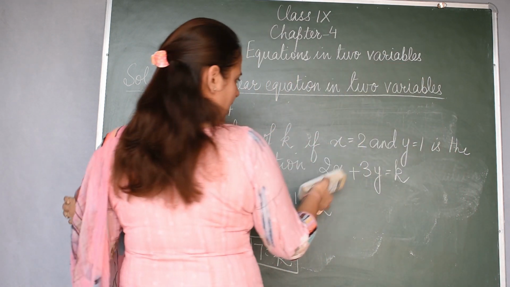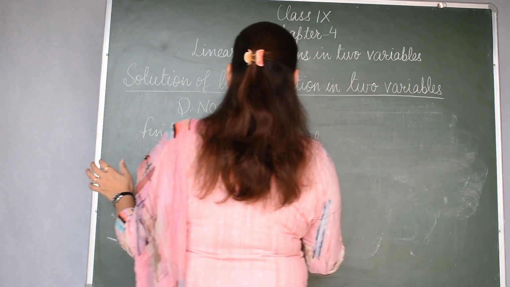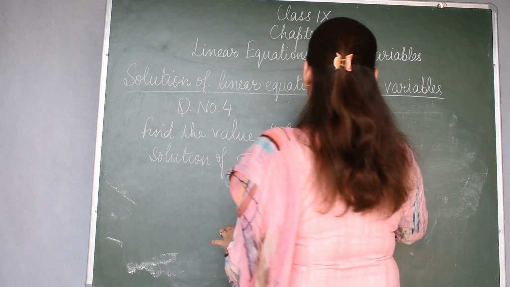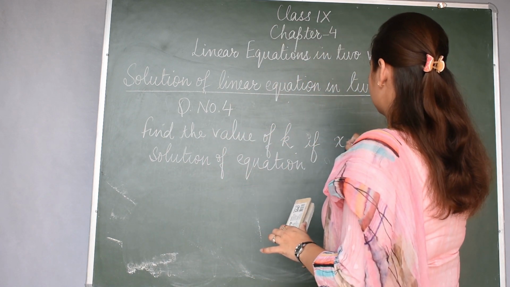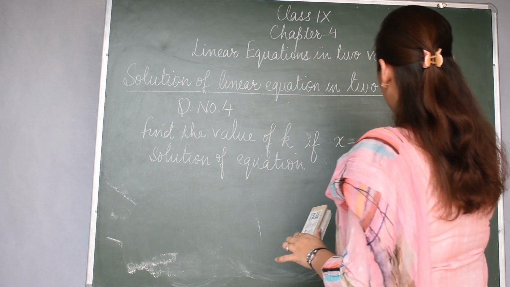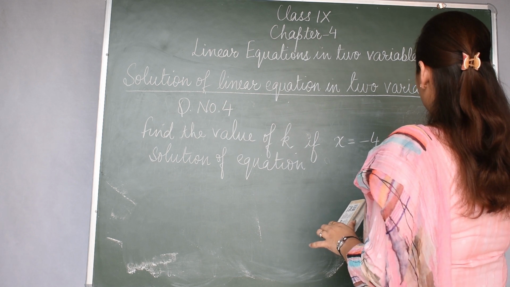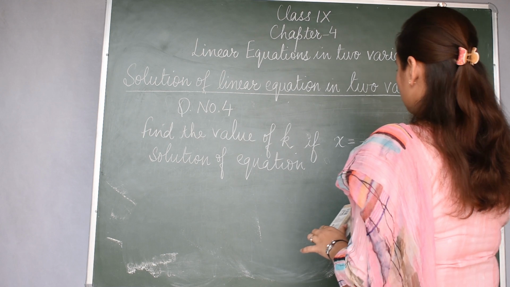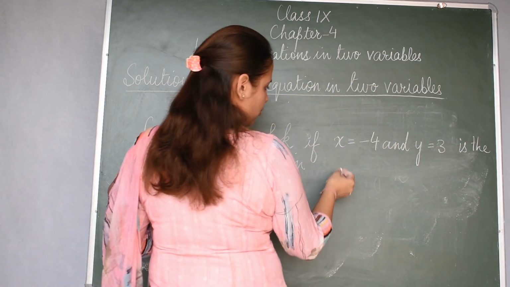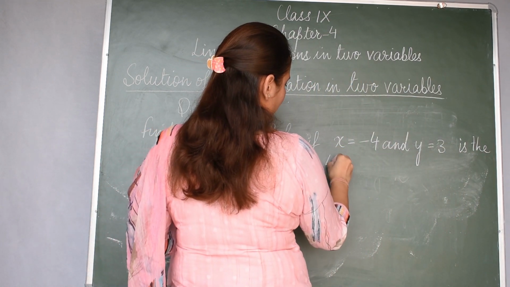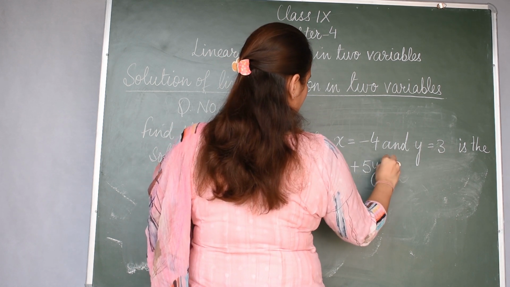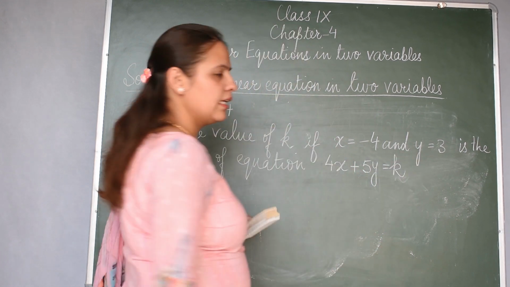Let's take one more example for it. Find the value of k if x is equal to minus 4 and y is equal to 3 is the solution of equation, let's take 4x plus 5y is equal to k.